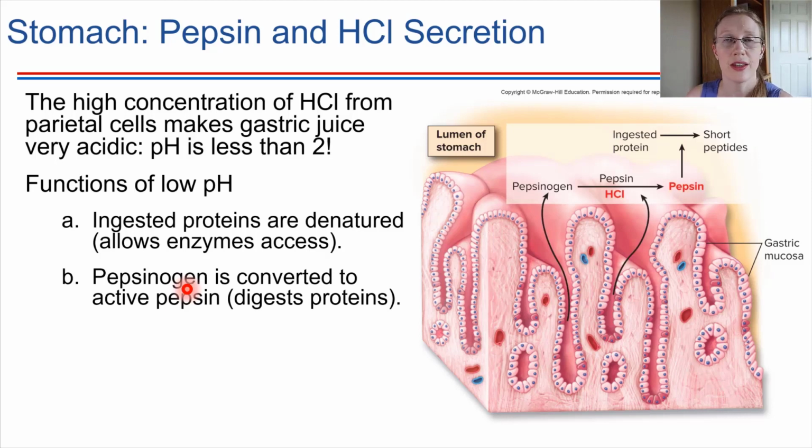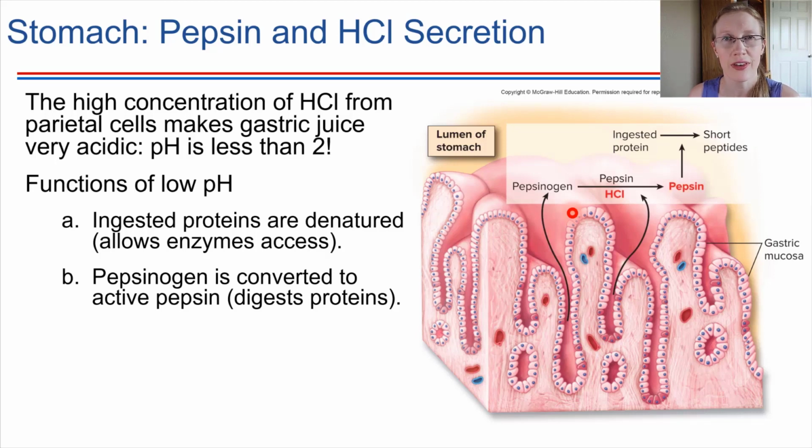So this brings us back to the chief cells. We said chief cells are producing pepsinogen. Pepsinogen is the precursor for this enzyme. So what happens is pepsinogen molecules actually act on each other. They partially digest each other, and as a result, they end up cleaving off small, sort of inhibitory fragments.